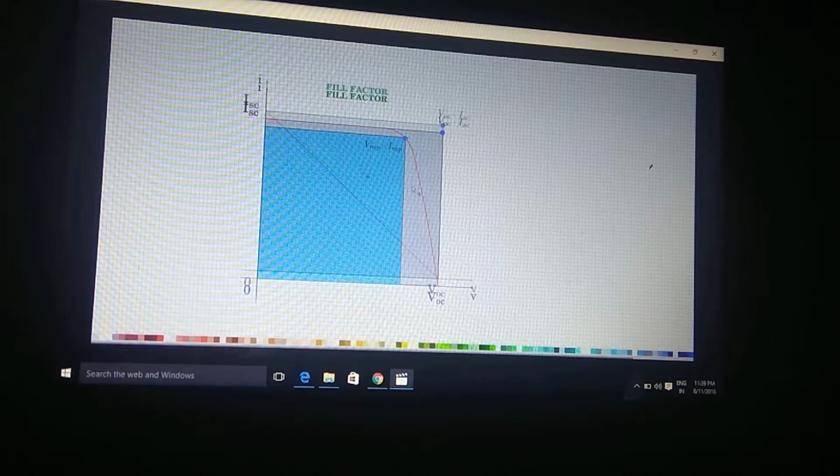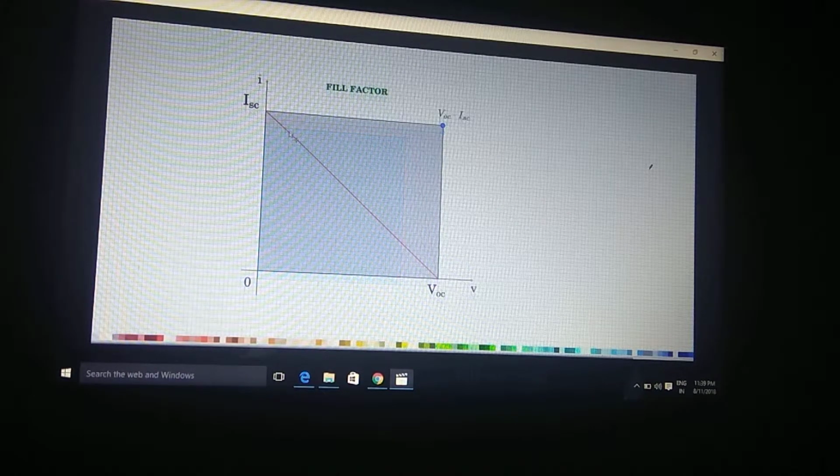Now consider a PV cell IV characteristic like this, a straight line. This is actually a very bad PV cell characteristic, wherein the series component RS is very large and the shunt component R shunt is very low. Even if we take such a bad PV cell, we would be getting some power out of it.